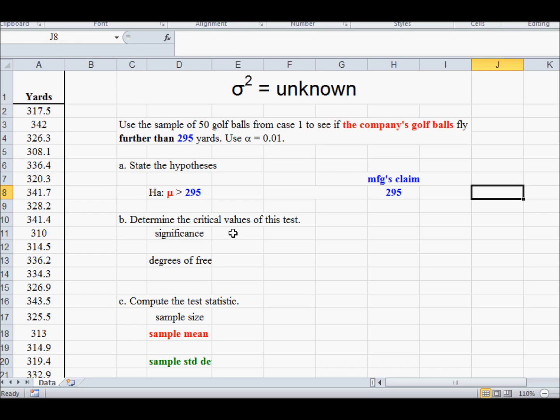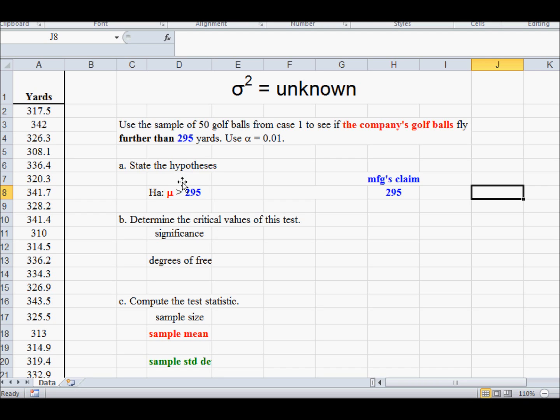The alternative hypothesis in math terms, as a mathematical statement, is HA, the alternative hypothesis: the red Greek letter mu, the average flight of the company's golf balls, is greater than 295, and 295 is the manufacturer's claim.